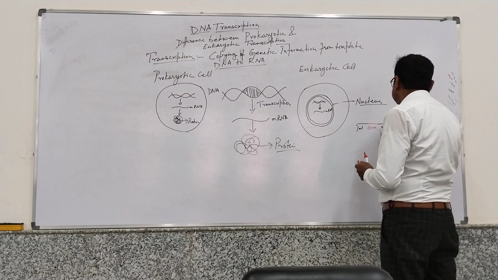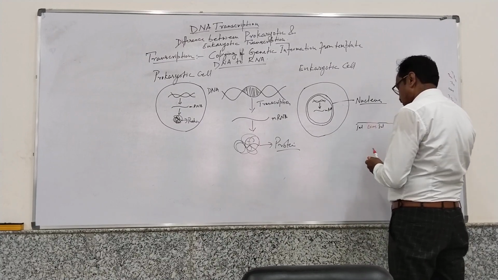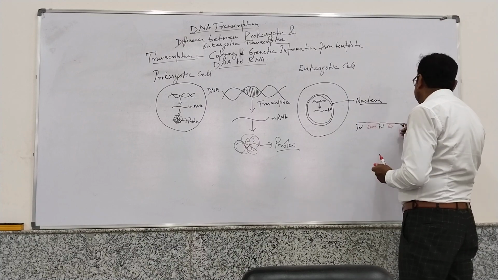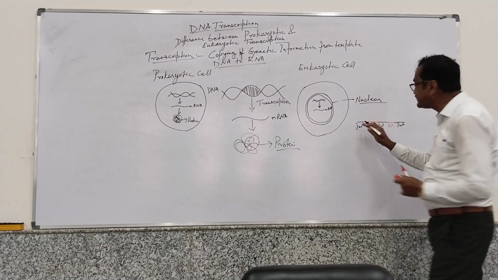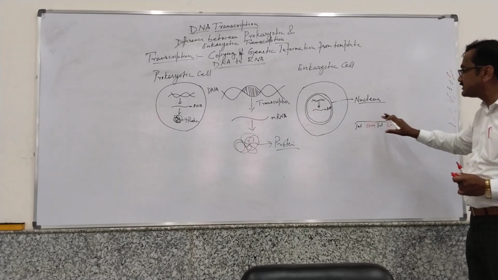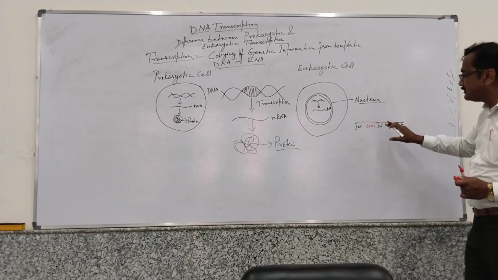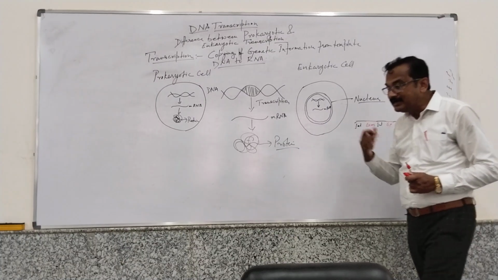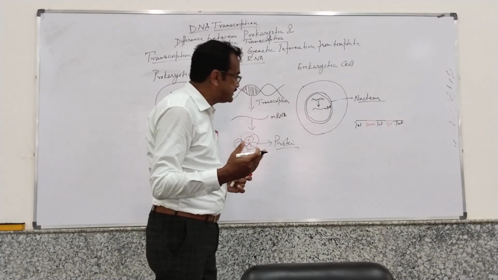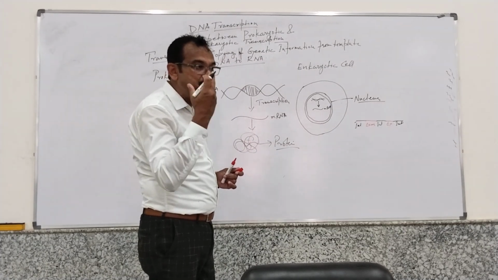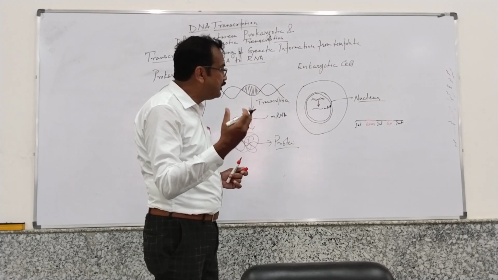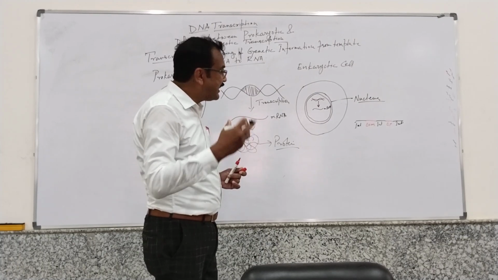Again introns and exons, and introns. Introns are the intervening sequences, and exons are the expressed sequences. Expressed sequences contain the genes which manufacture the proteins. The protein manufacturing unit is the exons, and introns are the intervening units.